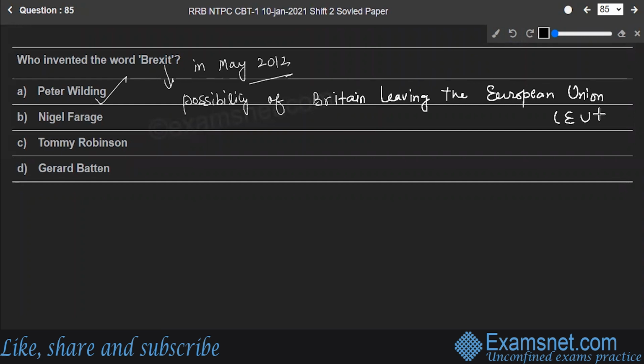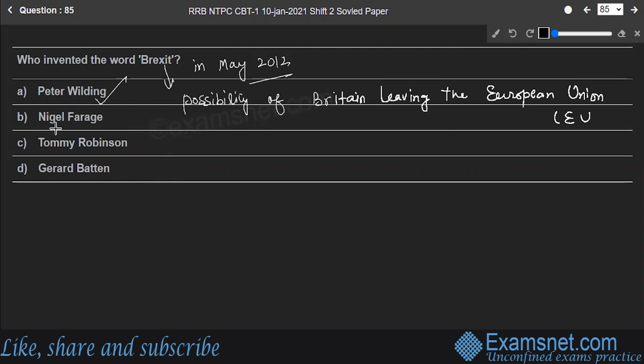EU. So the correct one is Peter Wilding. Peter Wilding is the man who coined the word Brexit. He is the pro-Europe political advisor and solicitor in European law. He has stood for the UK and EU parliaments and was appointed by the former UK Prime Minister David Cameron.